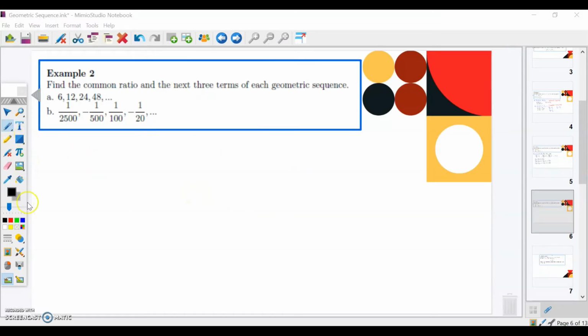In the second example, we are given the sequence 1 over 2,500, followed by negative 1 over 500. Next, we have 1 over 100.